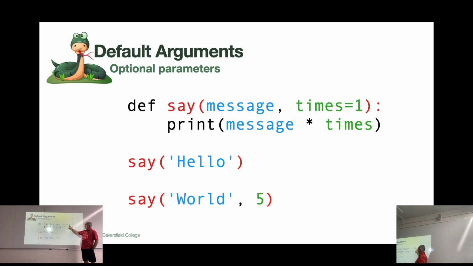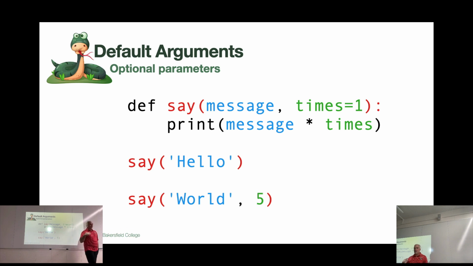So what that means is, if I don't specify this, if I only say message and that's it, it will automatically put 1 in right here. But if I call that with a number other than 1, then it will use this instead.